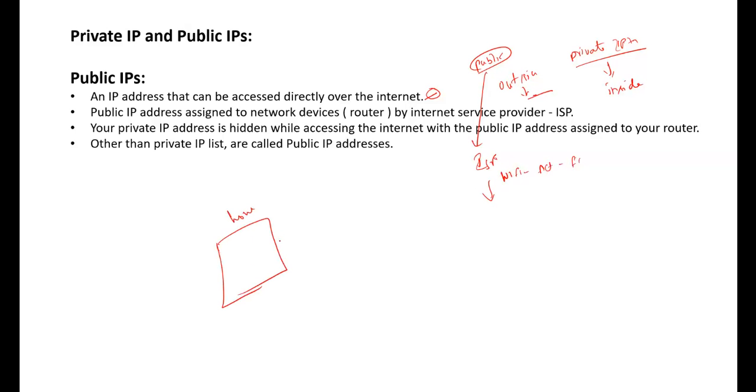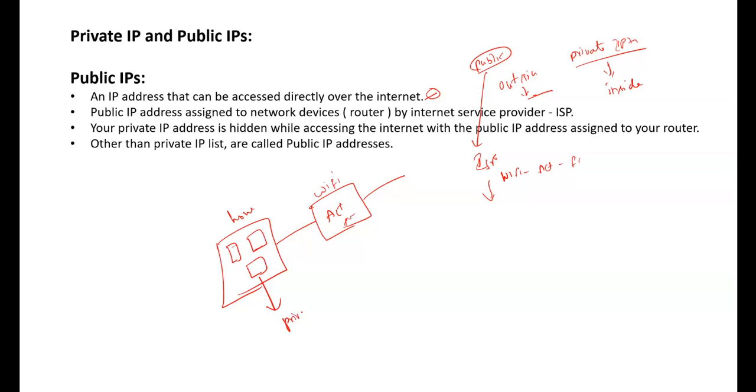I have taken a Wi-Fi router, and the internet is provided by Act FiberNet. So whenever the Wi-Fi router is turned on and has internet connectivity, it assigns IP addresses to my mobile, my computer, my tab, whatever is there. It is assigning private IP addresses inside the home.